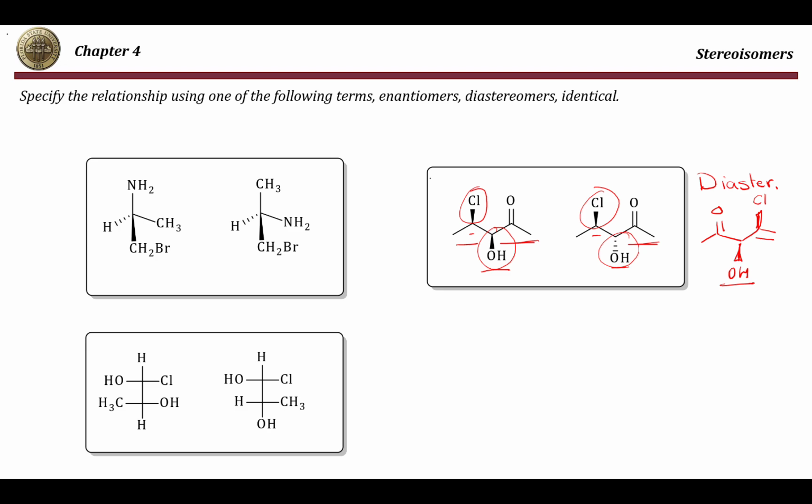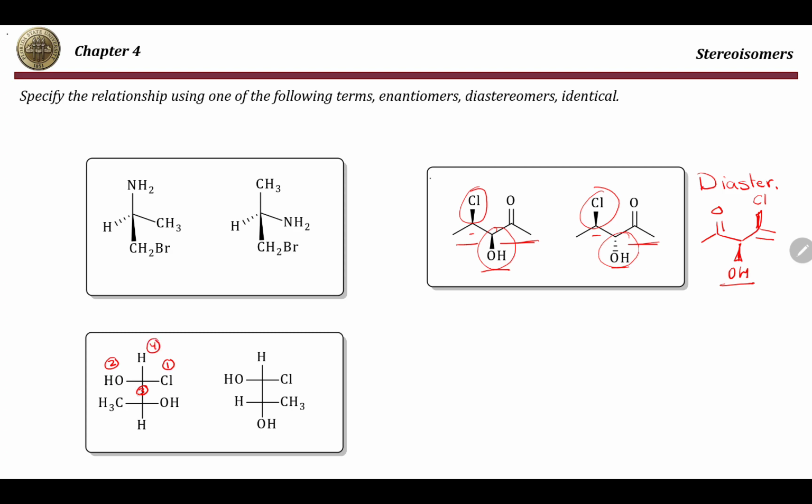Now let's move on to Fischer projections. Again, in Fischer projections, if you are able to just figure out whether the groups switched positions, then you can use this method. Otherwise, if you have so many changes, you have to use the R and S method. So if I'm using the R and S method, this is number 1, this is number 2, this is 3, and this is 4.